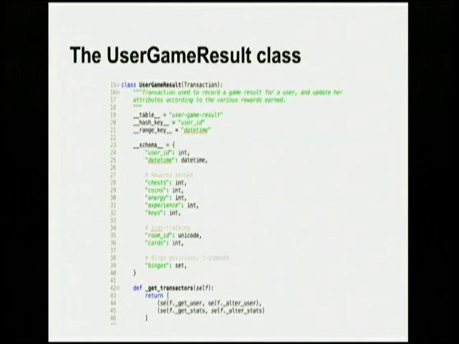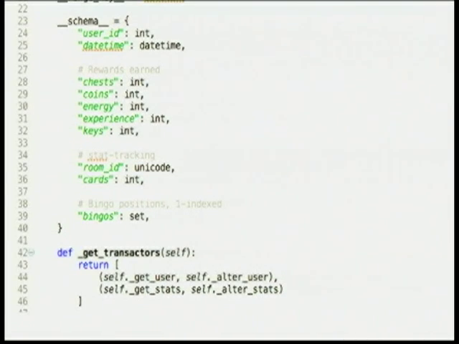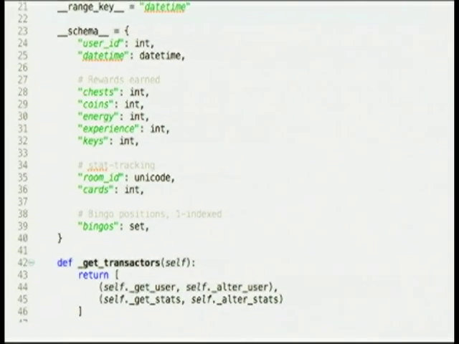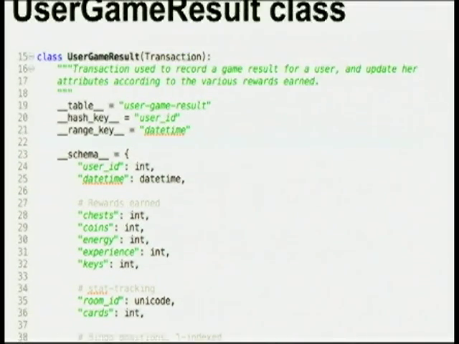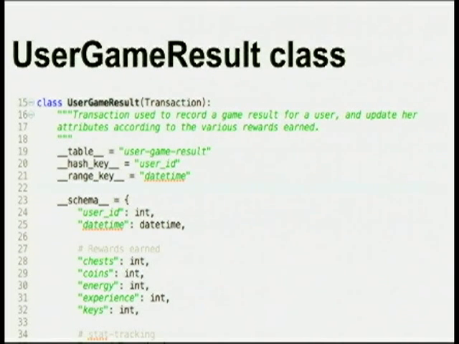And here's a transaction, which is the user game result class. As you can see, it defines both a hash key and a range key, because it's indexed by user and by date time. Yay, extra data type. Date times are awesome. We use them.